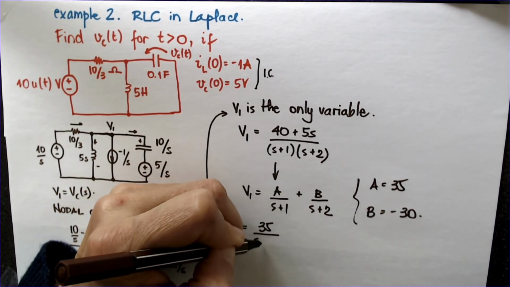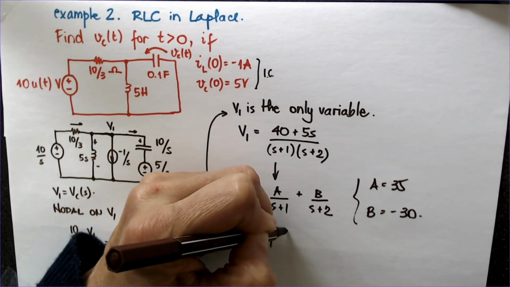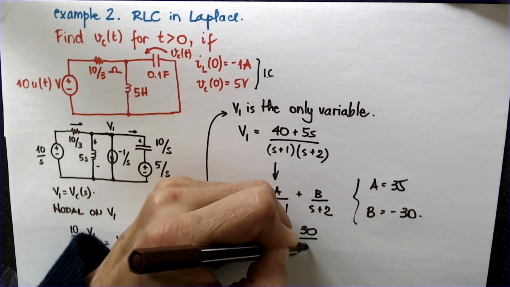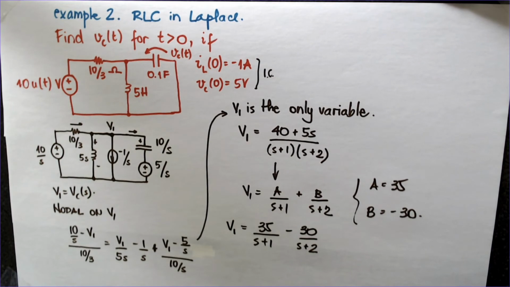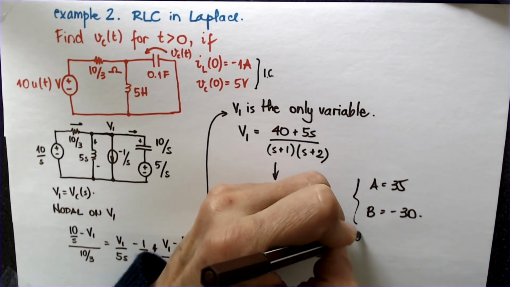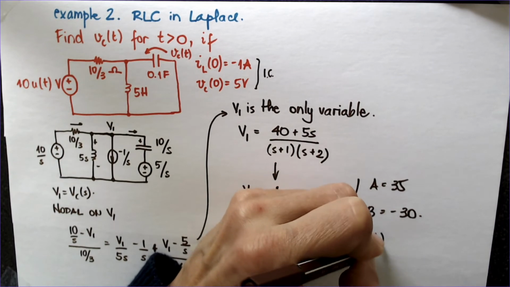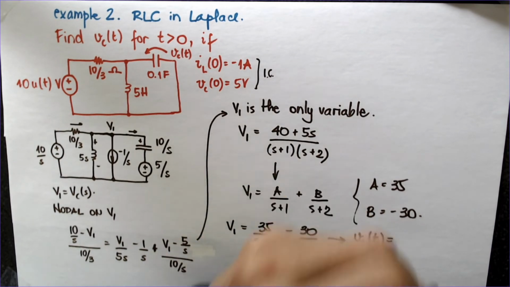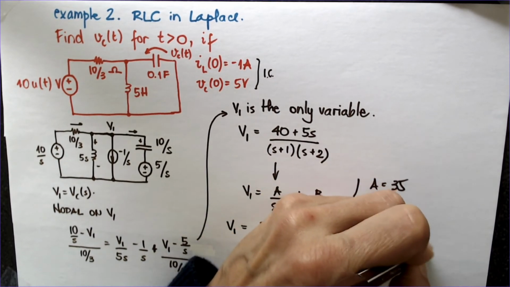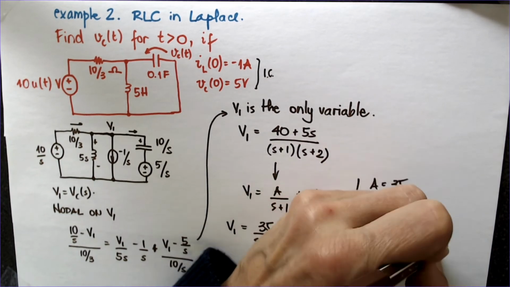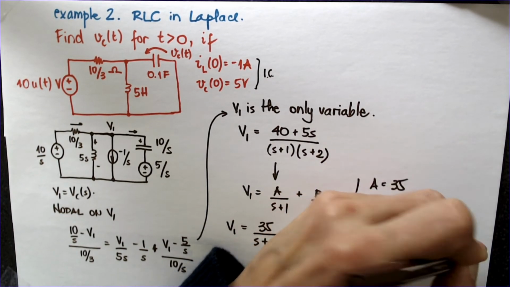Now I have a feeling this is right, and I hope you guys do take a look at this when you are doing these problems, that because the voltage across the capacitor at t equals 0 is supposed to be 5 volts. So 35 minus 30 is 5, so I'm confident that these two numbers are good, or it would have been 40 minus 35, for example.